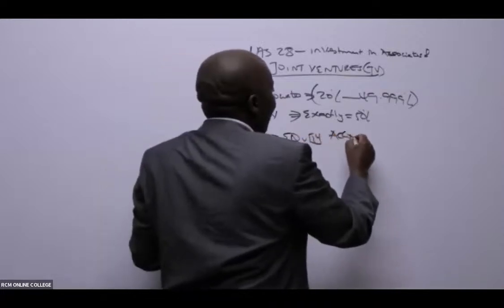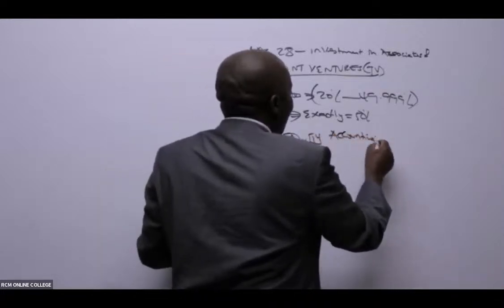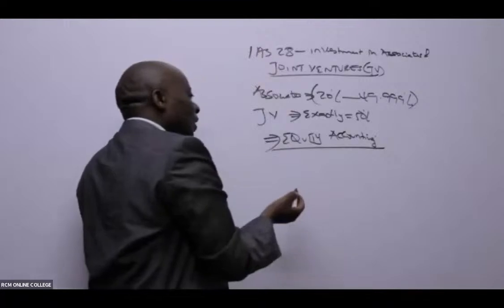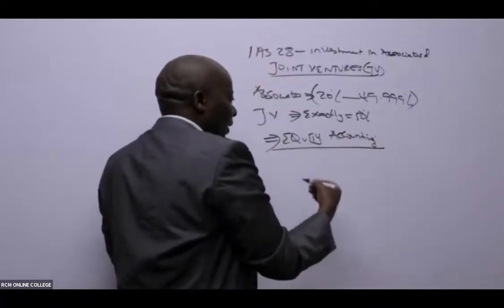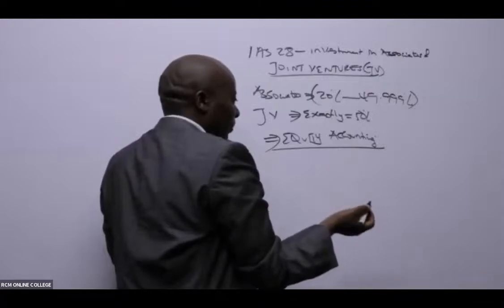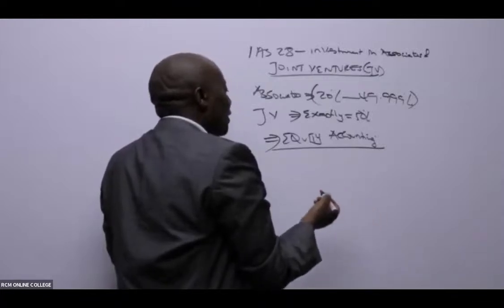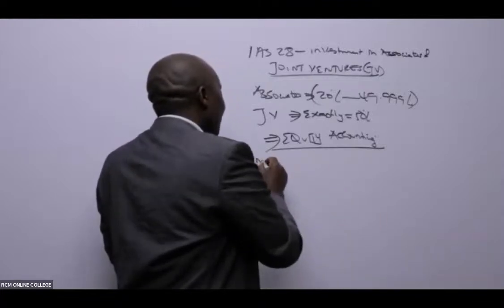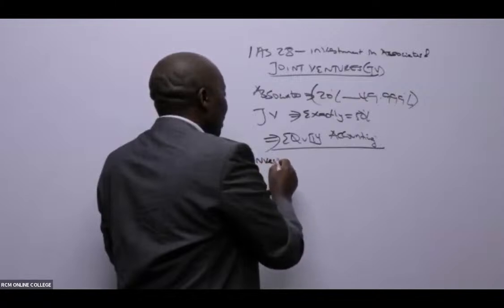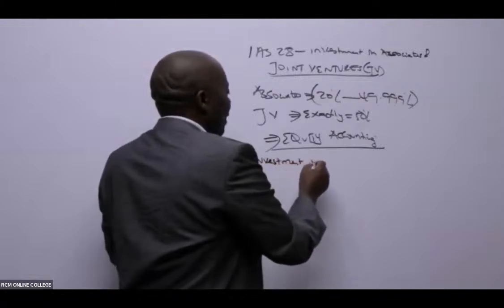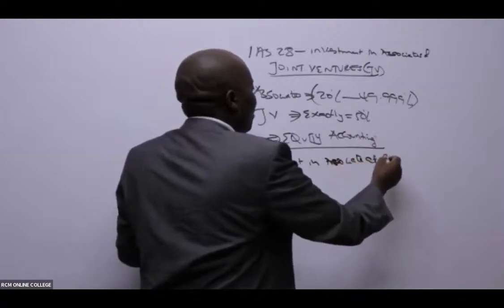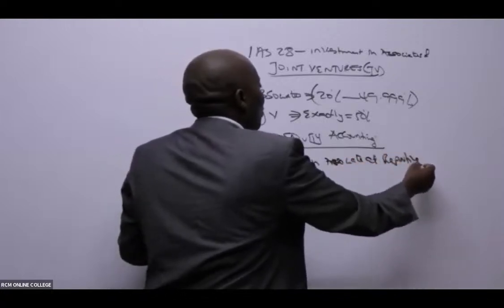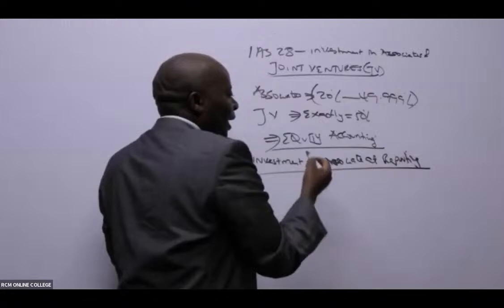Equity accounting. How does it work? Equity accounting deals with the increase in profits, or of course a decrease of the same. So we have an investment in associate or joint venture at reporting.